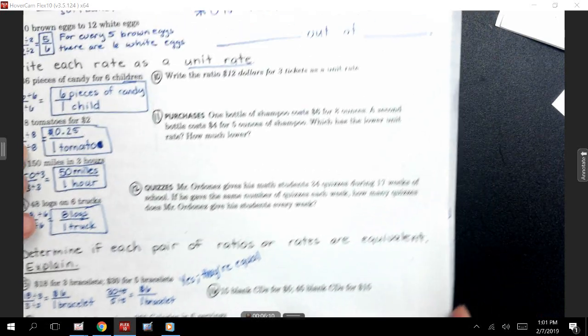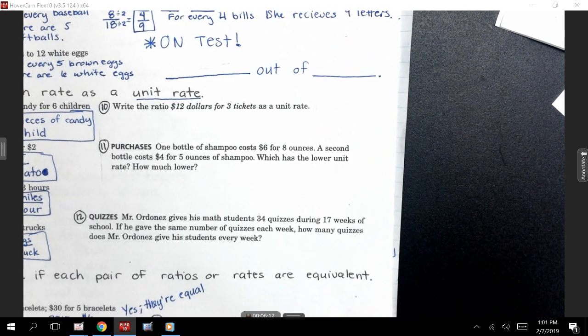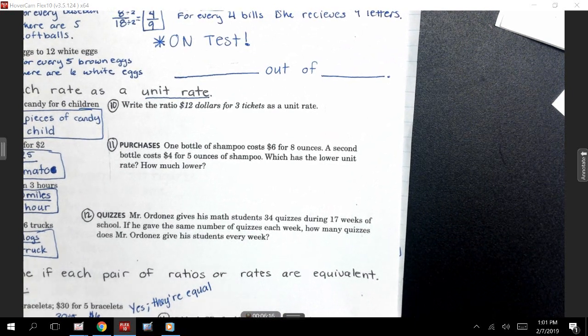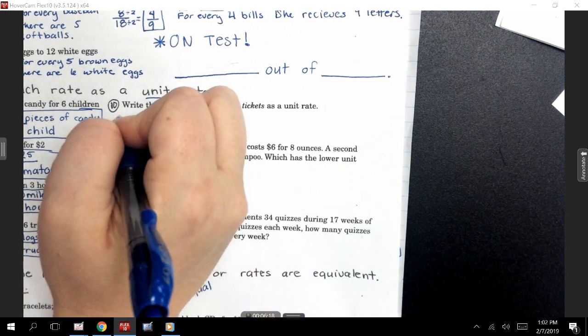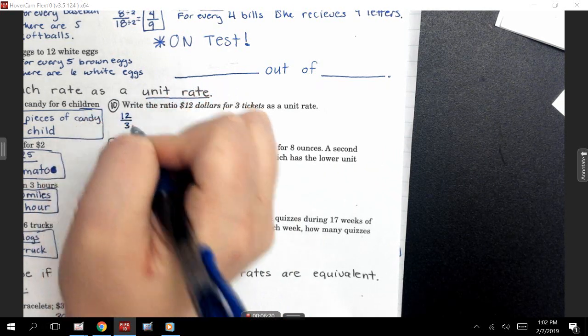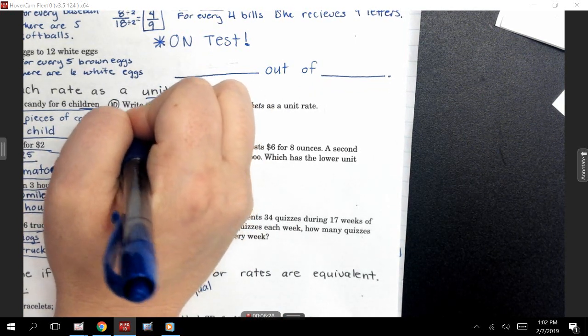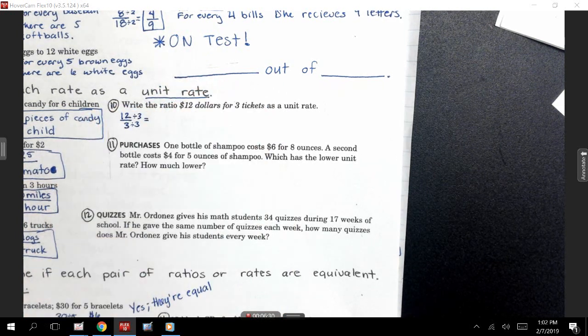All right. Number 10. Write a ratio of $12 for 3 tickets as a unit rate. So how am I going to set that up? 12 over 3. What am I going to divide by, Jose? 3. All right, and give me my answer for that one.